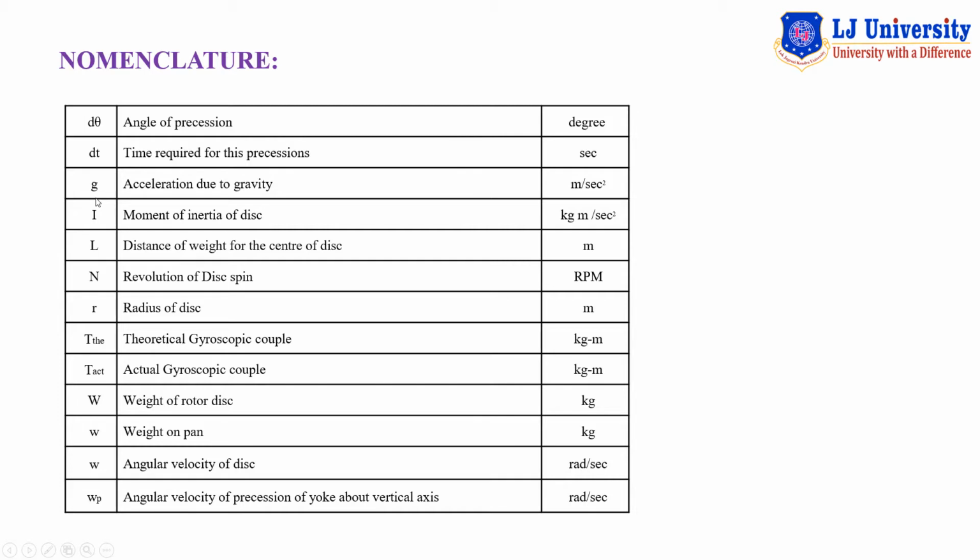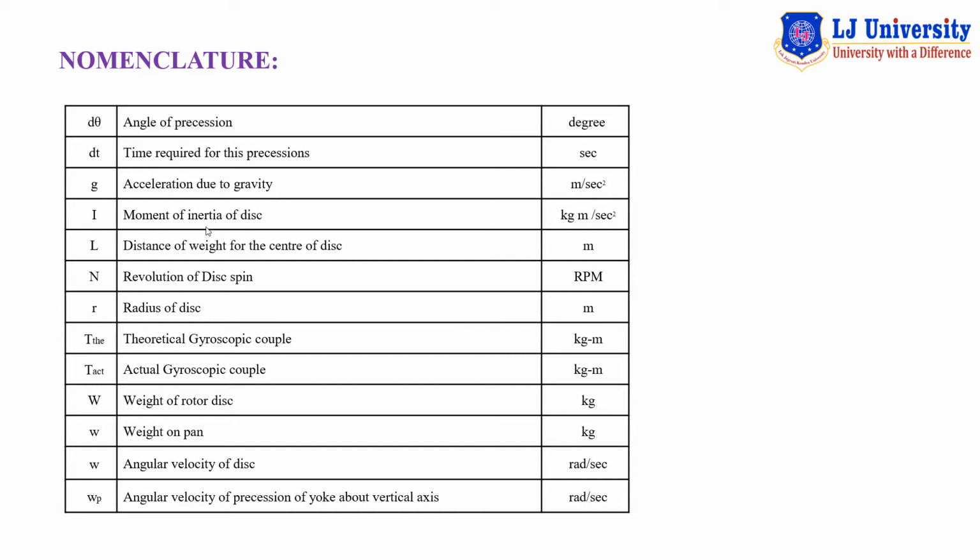Next, capital I is the moment of inertia. Capital L is the distance of the weight from the center of the disc. Capital N indicates the revolutions of the disc spin. Small r indicates the radius of the disc.